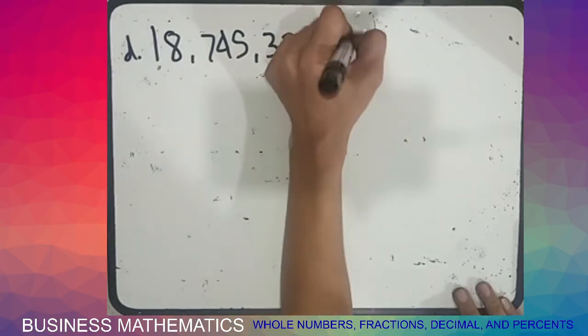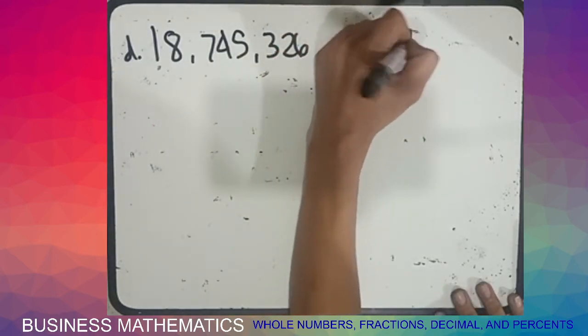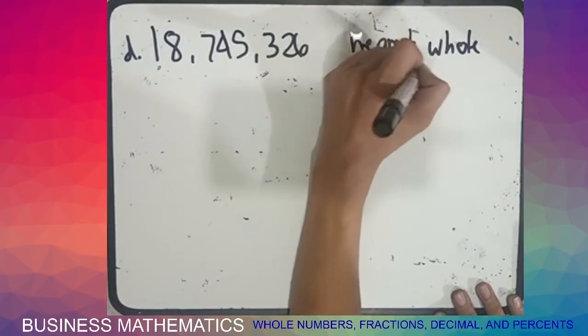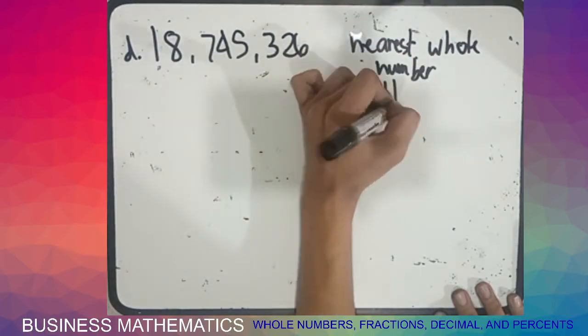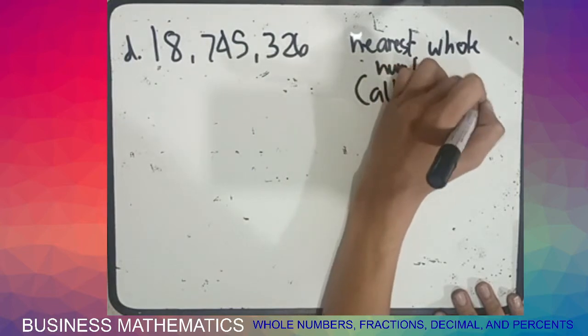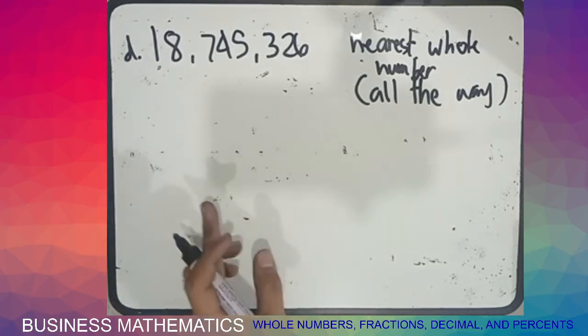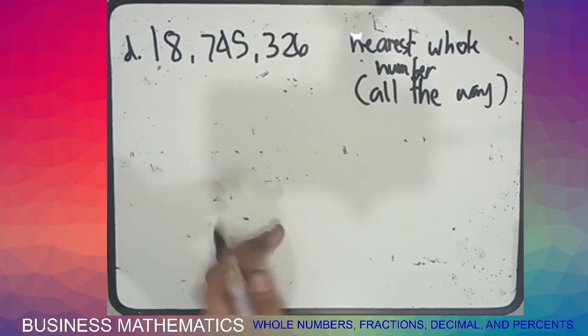Okay. Nearest whole number. Or all the way down. Pag sinabi ganyan, nearest whole number, ano ba yung pinakamalapit na whole number?